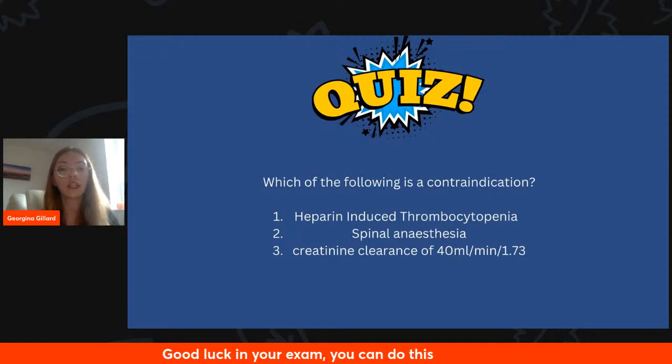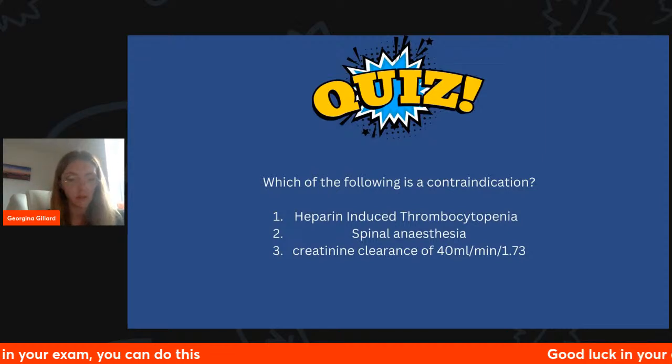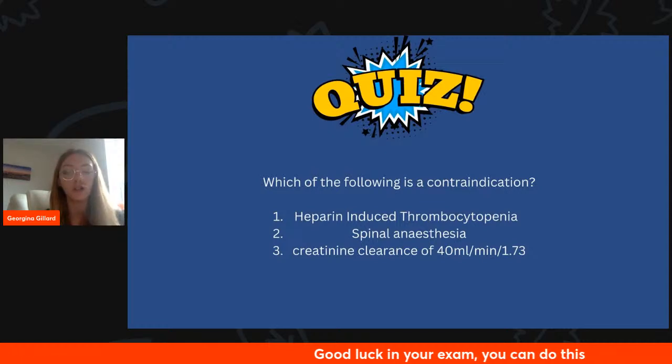Okay. Which of the following is going to be a contraindication? Is heparin-induced thrombocytopenia a contraindication with Clexane?